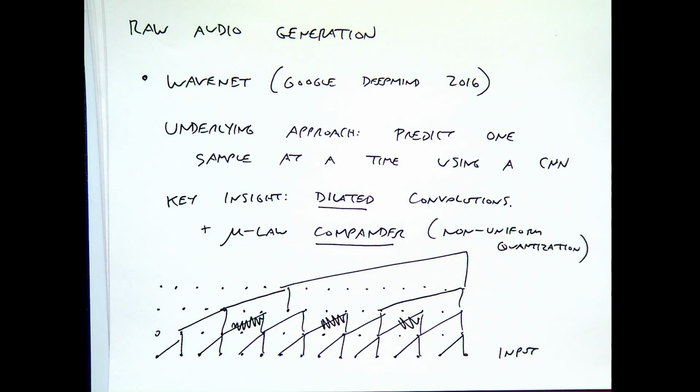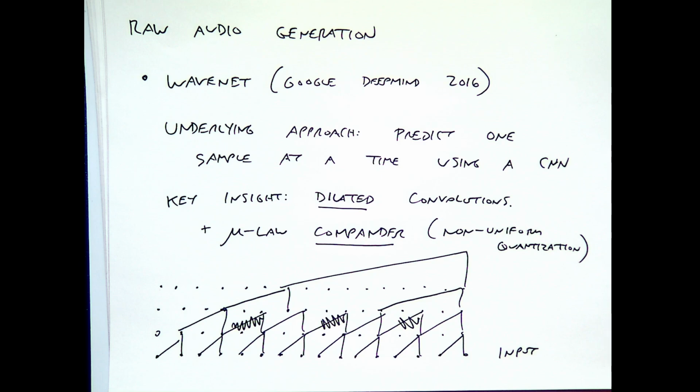So I have maybe more bits at the high frequencies than I have at the low frequencies. And so the way in which these are nonlinearly distributed follows this kind of power law called the mu law. And again, this is something that's pretty well known in audio processing, but it makes a lot of sense to use here.